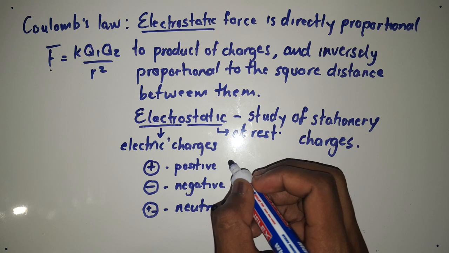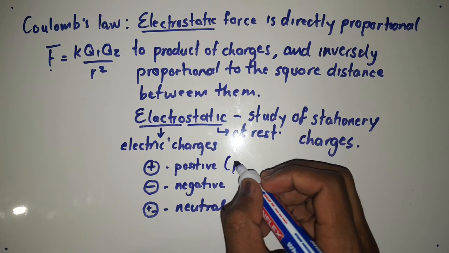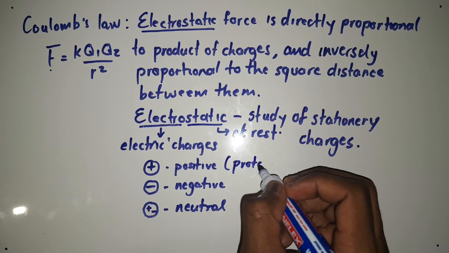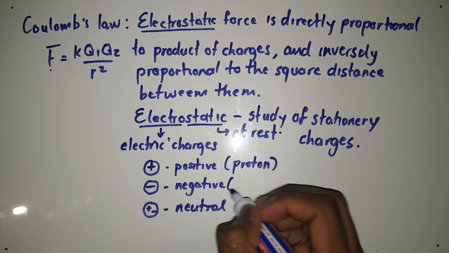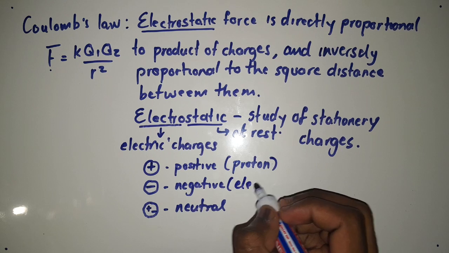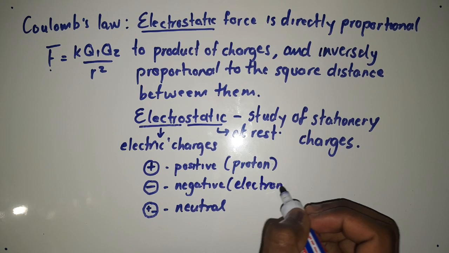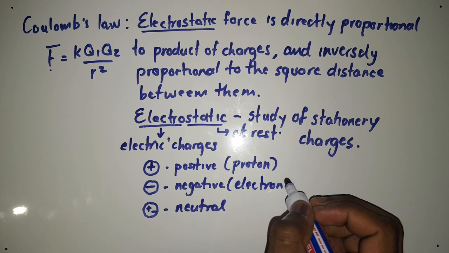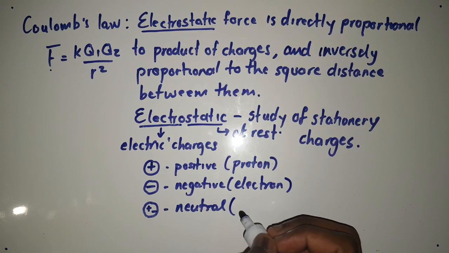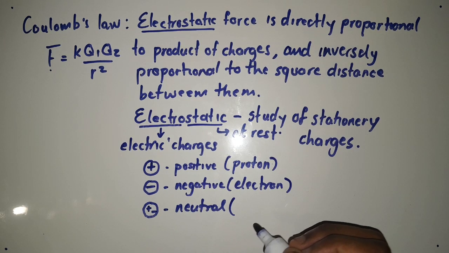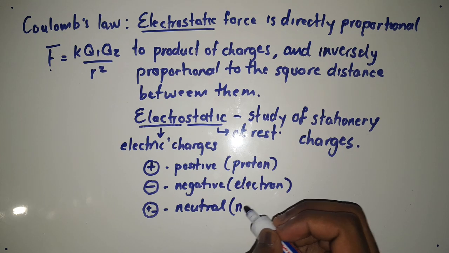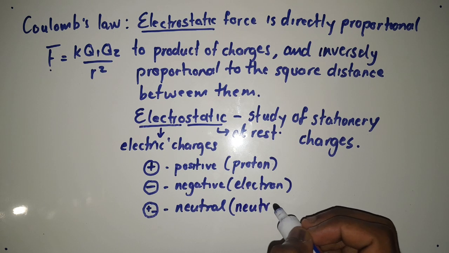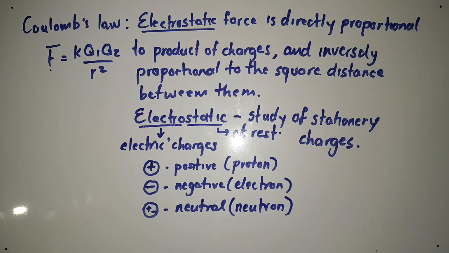We say they are protons. Those which are negative, we call electrons. We also have those which are neutral, which we call neutrons.